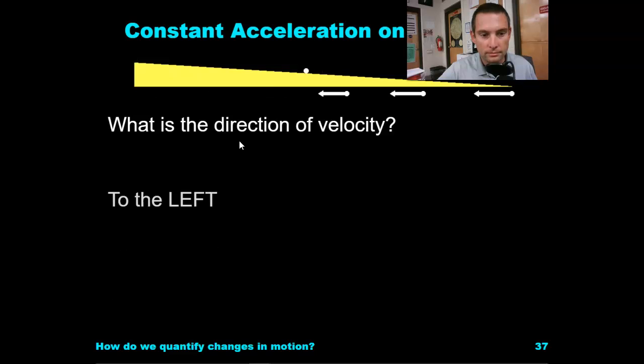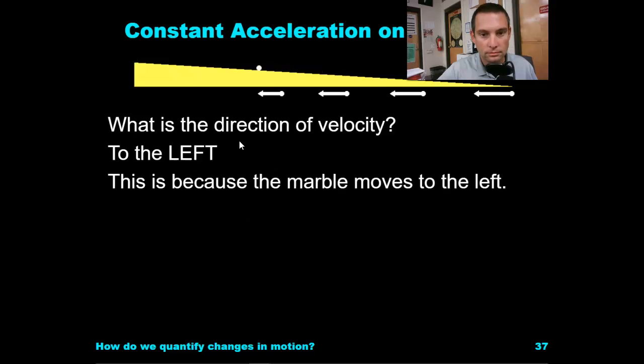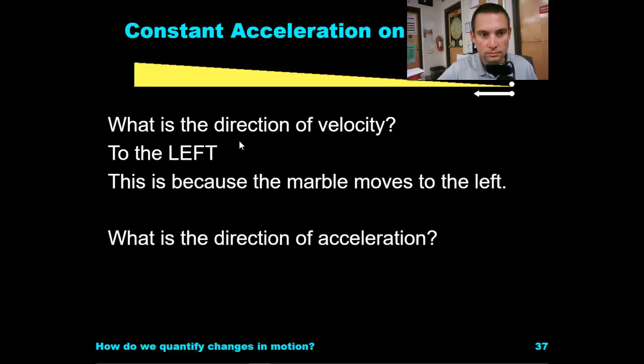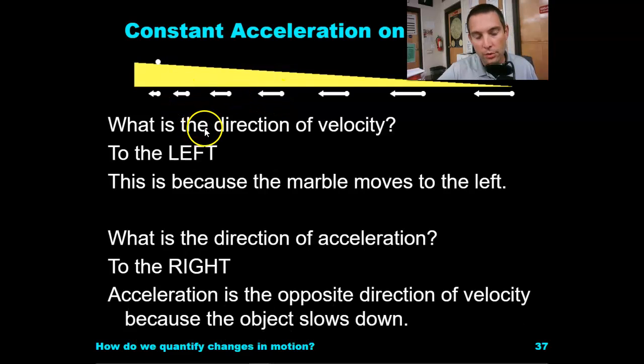Get it? We know we're slowing down because our velocity is getting smaller as we're going. So that means our acceleration is in the opposite direction of our velocity.